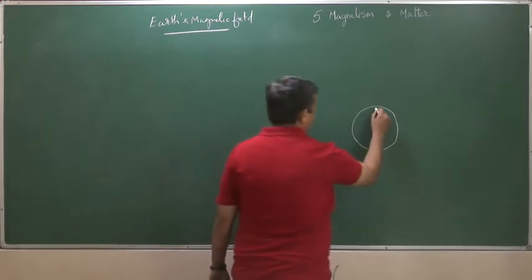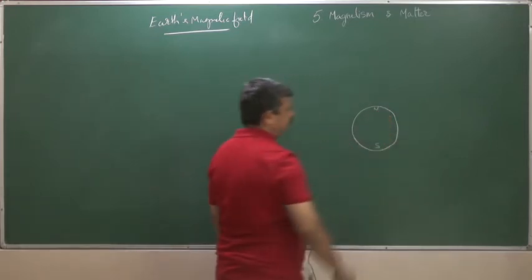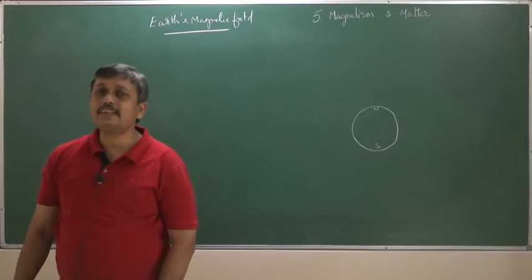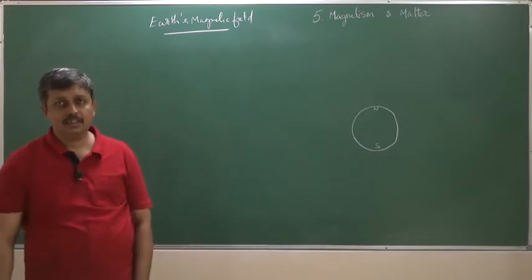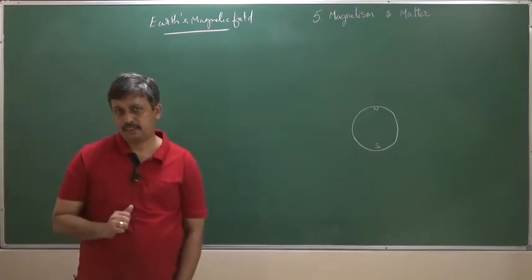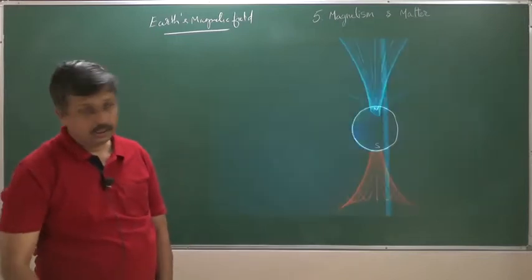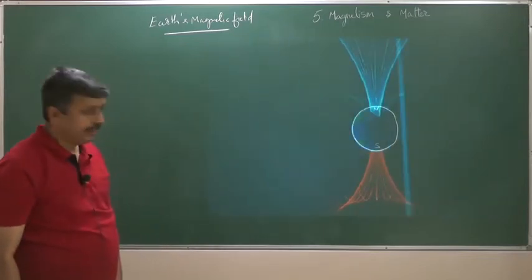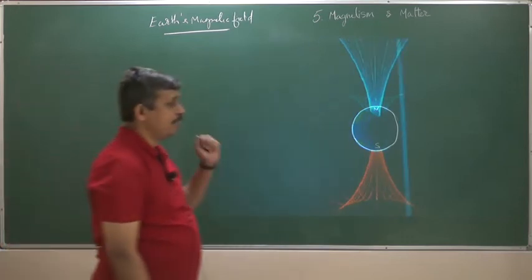This side is, let us say, north, south. So how does the magnetic field look in the case of Earth's magnetic field? Okay, let's see that. The Earth's magnetic field looks something like this.